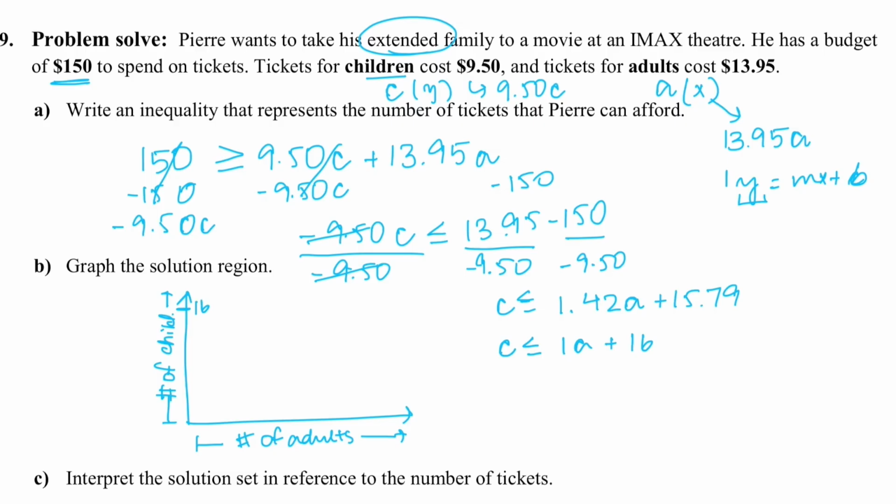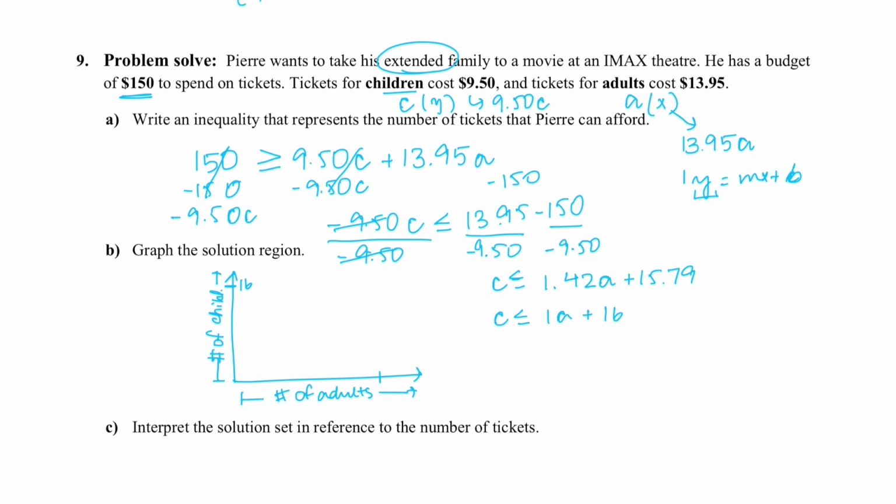Let's figure out what your x-intercept will be. The x-intercept is when y is equal to 0. So let's set this equal to 0: 0 equals 1.42A plus 15.79. Subtract 15.79 on both sides.